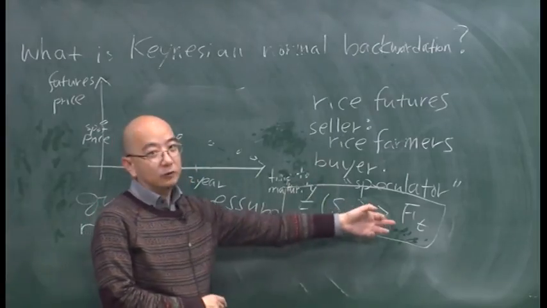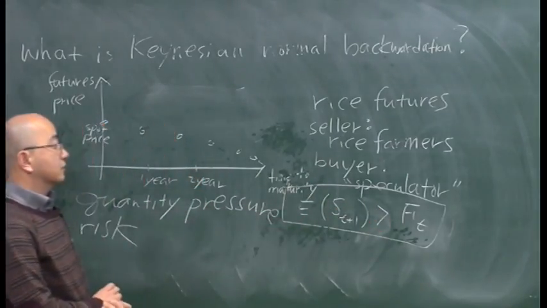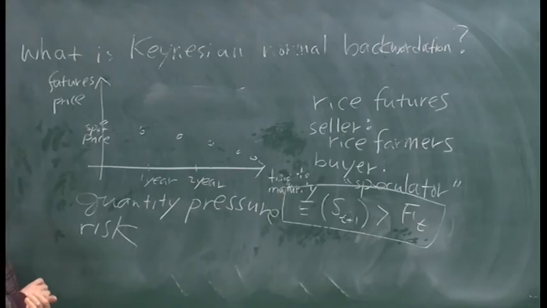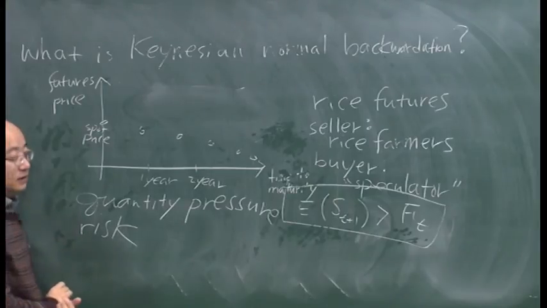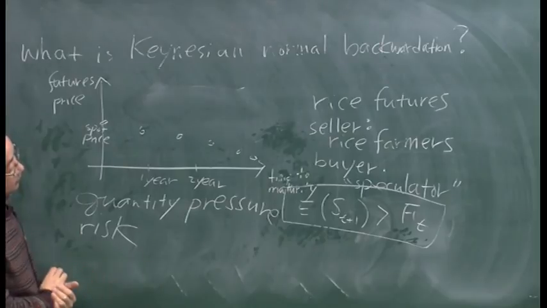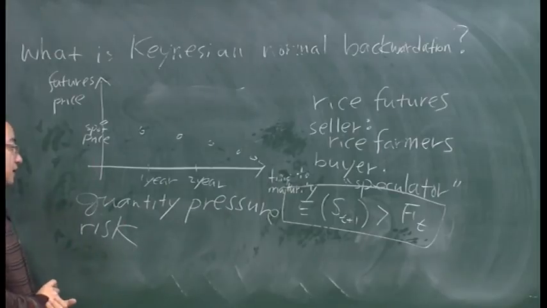Price may end up being lower than the futures price. So the buyers, the speculators, get profit because they are taking extra risk in the futures market. So that's another interpretation, but for this interpretation to be valid, the sellers are not taking extra risk. It's only buyers who are taking extra risk.